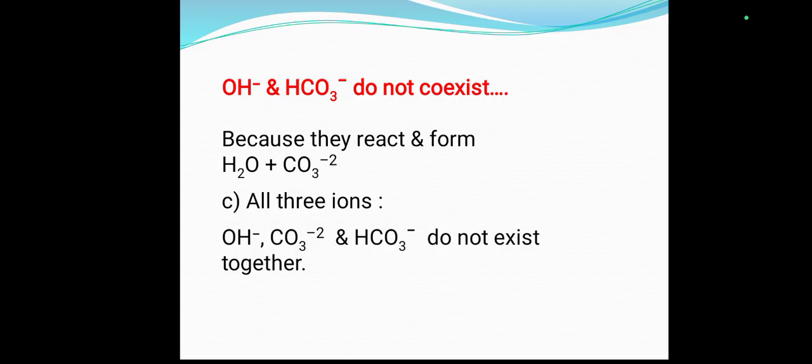OH minus reacts with bicarbonate and they produce an H2O molecule and a carbonate. So this combination is not possible because both react together. The third one, all three ions together, is also not possible because OH minus reacts with bicarbonate. So these three ions will not be there together in the water sample.